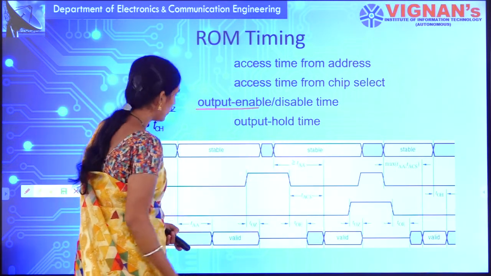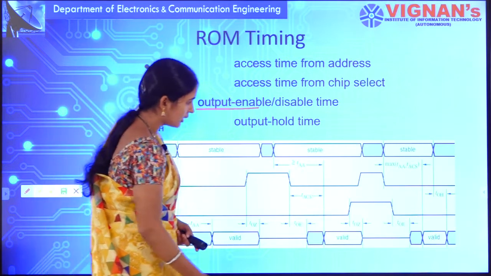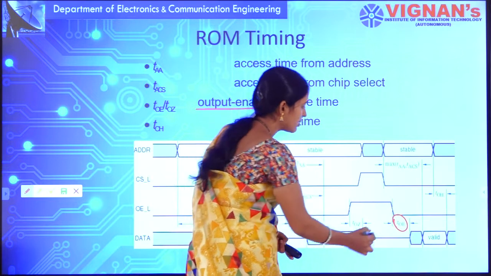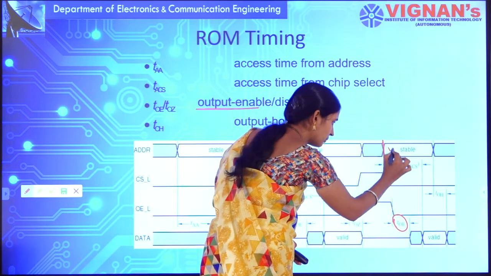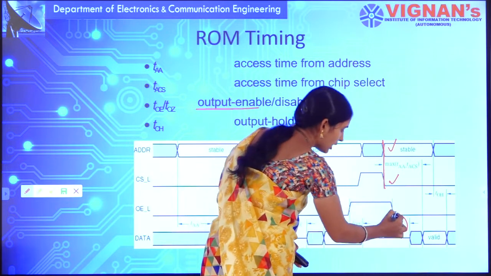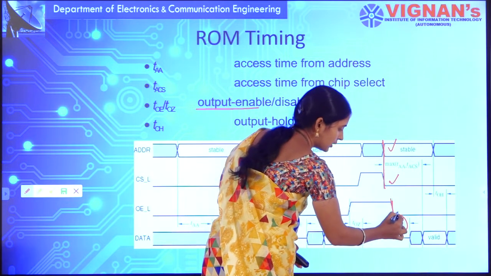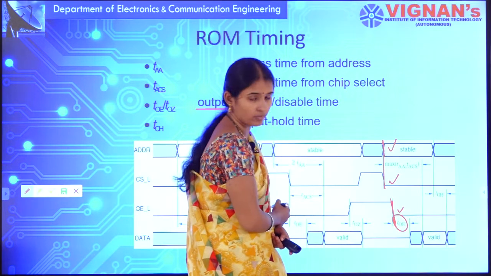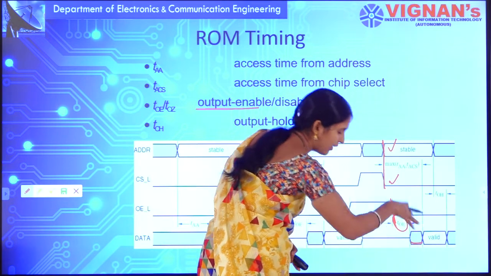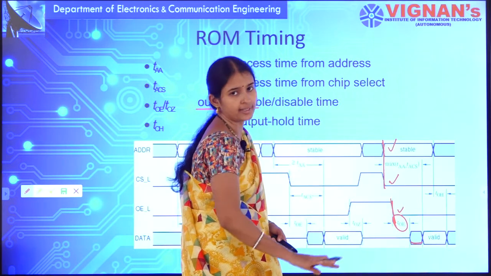Output enable, where do you find TOE? See here, TOE is available over here. That means the address is available, chip select is also asserted low, and the output is enabled here. But you see, this indicates some invalid data.